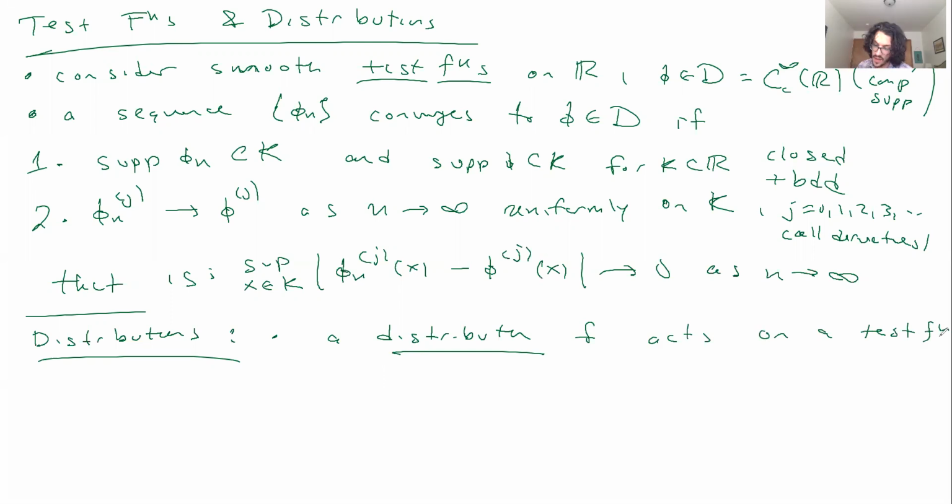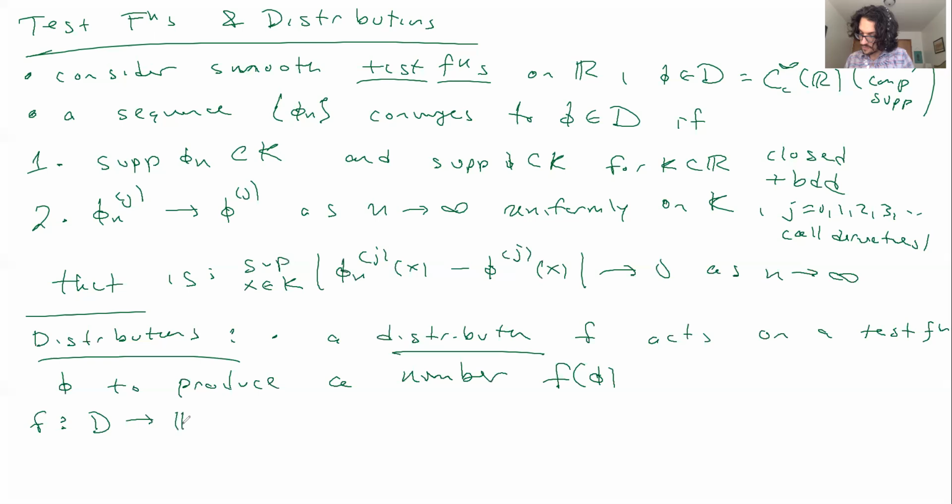You need to know how it acts on a test function phi to produce a number f of phi, right? So this is important, right? Because this is a little bit different than f being a function, even though we sometimes cavalierly call a delta function, right? So f maps D to R, okay?